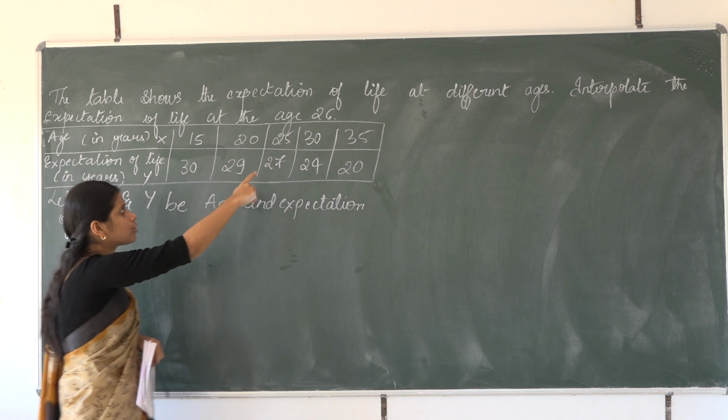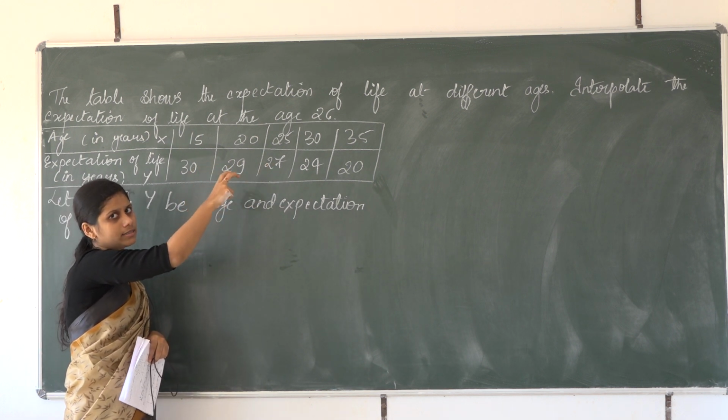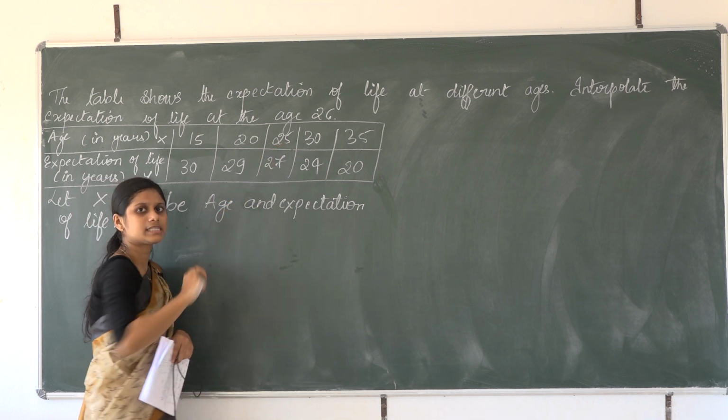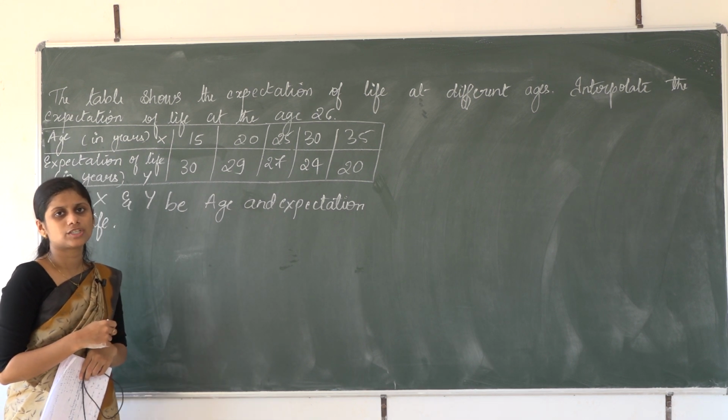First of all we should see whether 26 is given in this x data series. But 26 is not given. 25 is given but 26 is not given. That's why we can't interpolate under the binomial expansion method.